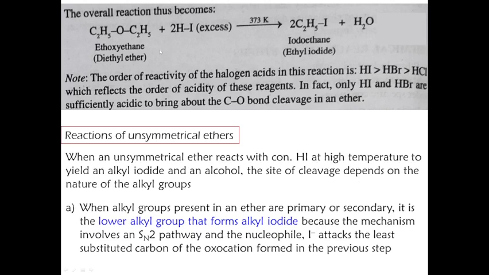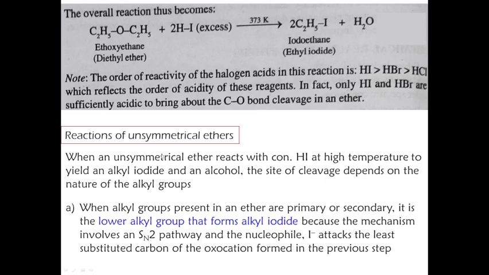The carbon oxygen bond is cleaving in all reactions, but the site of cleavage of the carbon oxygen bond is different. So the site of cleavage depends on the nature of the alkyl groups. What kind of alkyl groups are attached to the oxygen, depending on that the carbon oxygen bond cleaves.